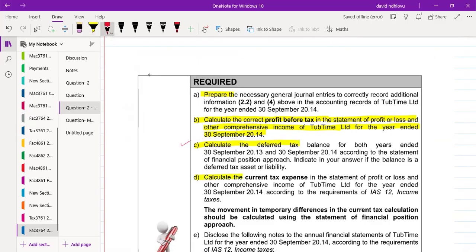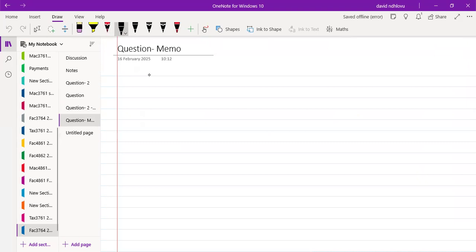So these are the items that we were busy answering in the prior weeks. It's a similar question, except that this time we are adding this impact of change in accounting policy, but we still are attempting to calculate the same things. I'm going to start with number A here, where they say we must do the correct profit before tax amount for the year ended.